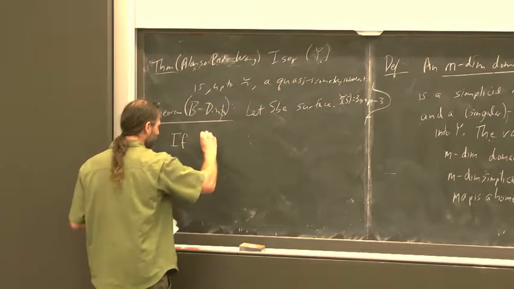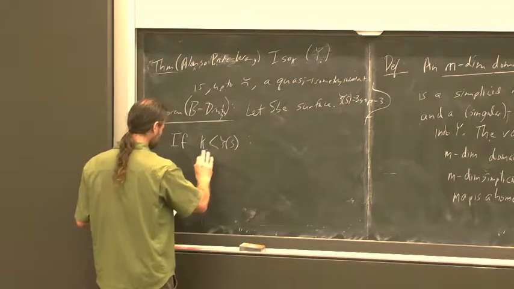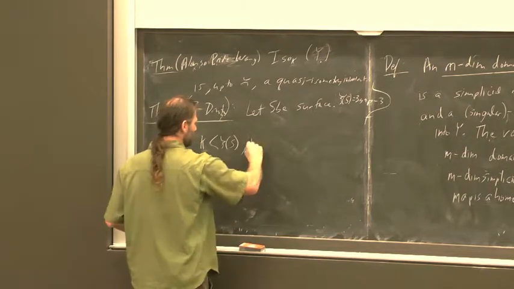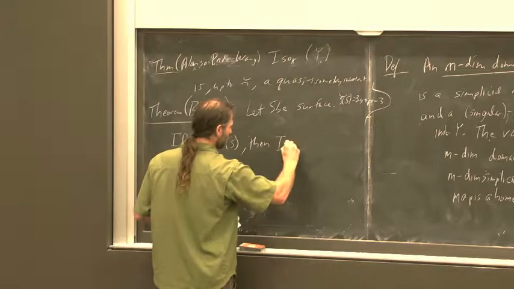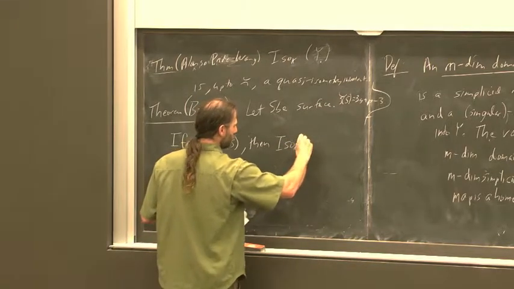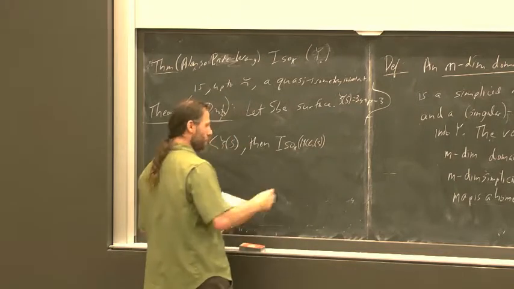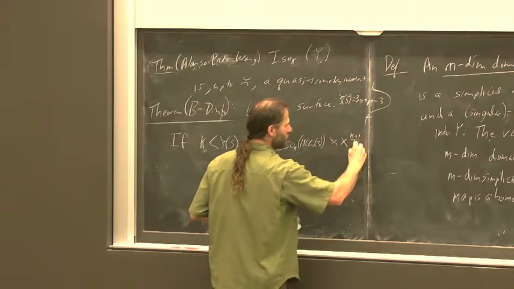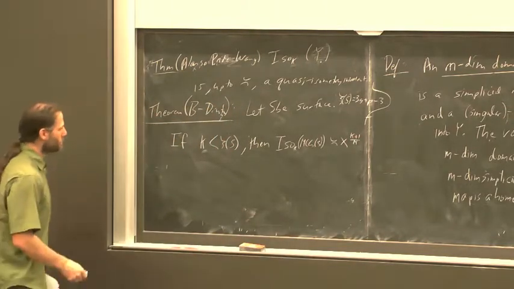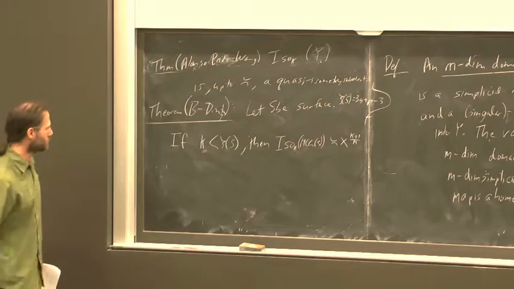If k is less than the complexity of the surface, then it has a Euclidean filling function. Then iso sub k of the mapping class group of S is x to the (k plus 1) over k. So all the filling functions below the complexity are Euclidean filling functions.